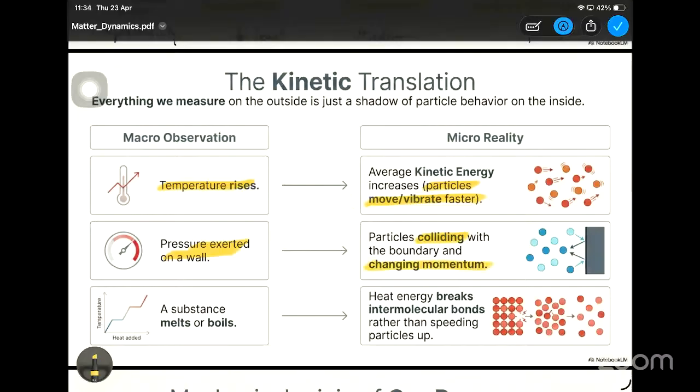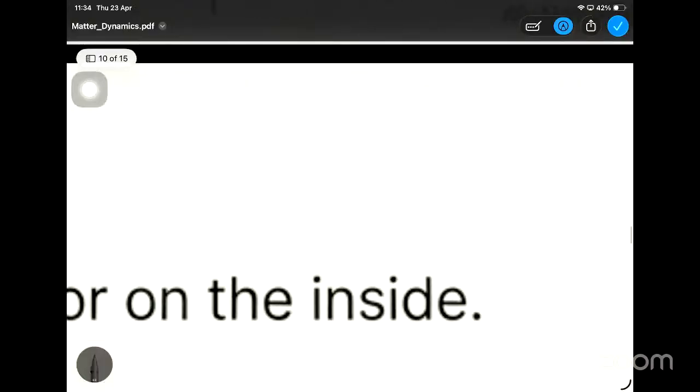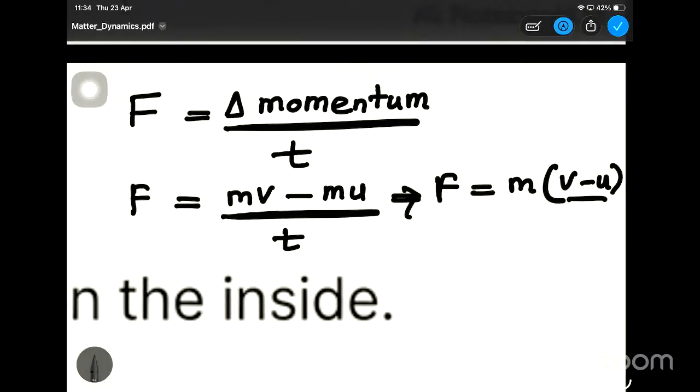In the first unit, we learned that the change in momentum is equal to the force generated: F equals m within brackets v minus u over t.